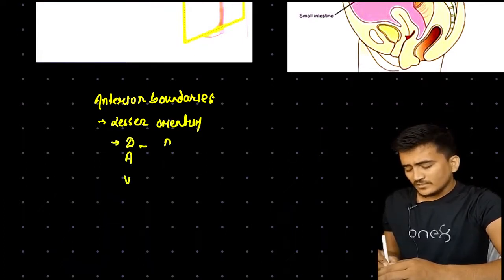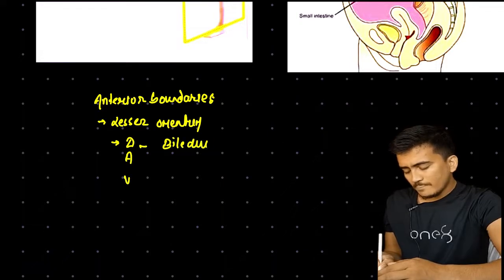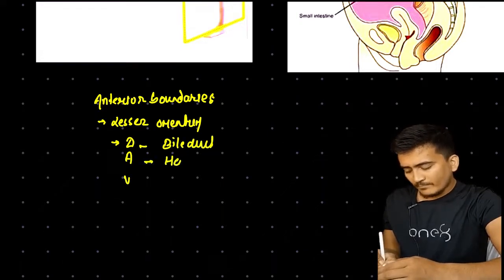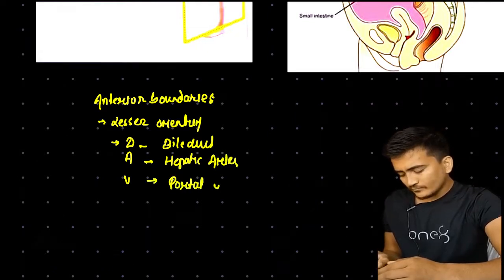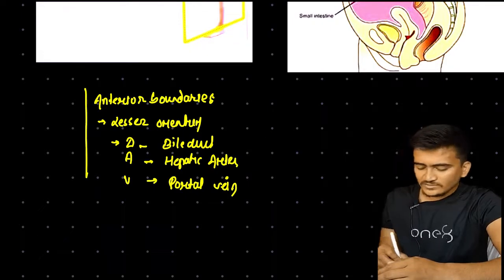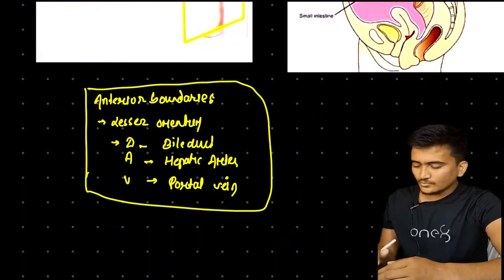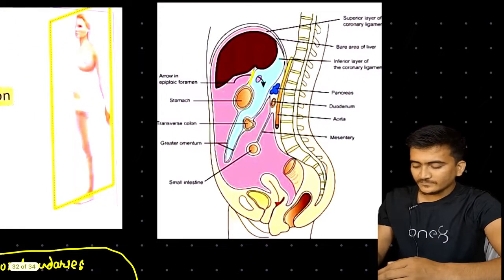What is this D? This is the bile duct. What is this A? It is the hepatic artery. And what is this V? It is the portal vein. So these make the anterior boundary, which is right here.